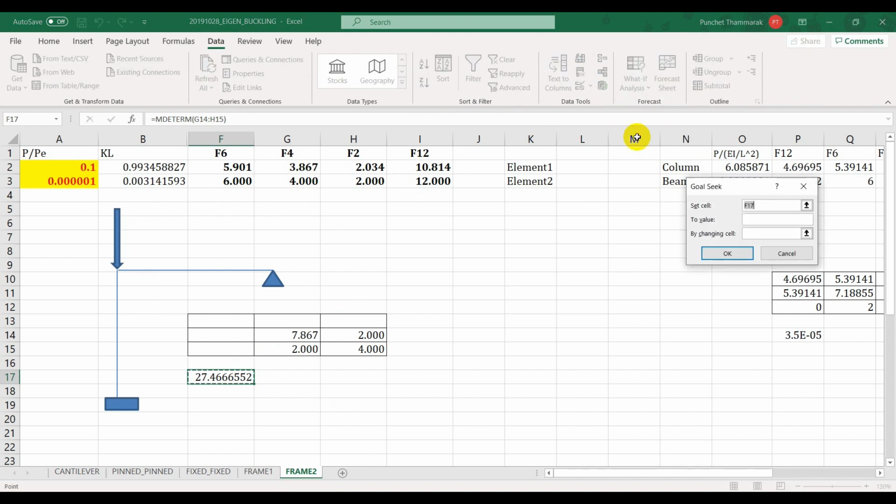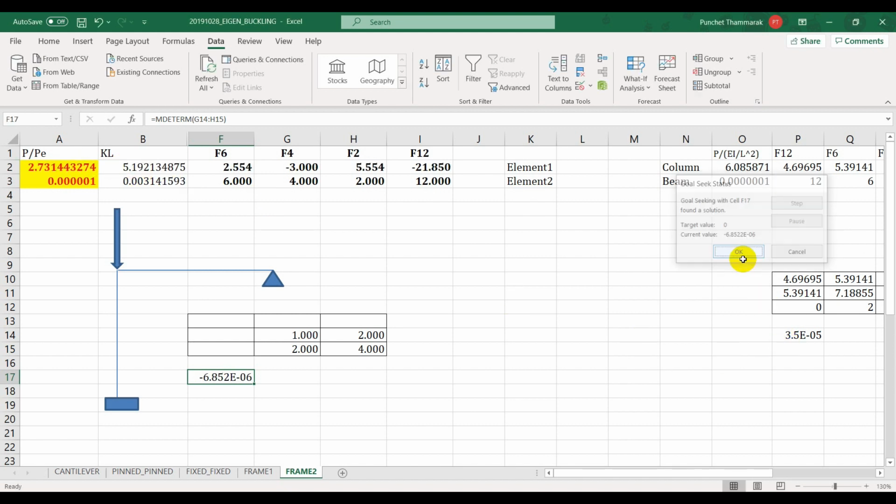What if go seek and we need 0 by changing this cell? Yeah, 2.73. If the stiffness is really low, then right now we take the EI out of the consideration.